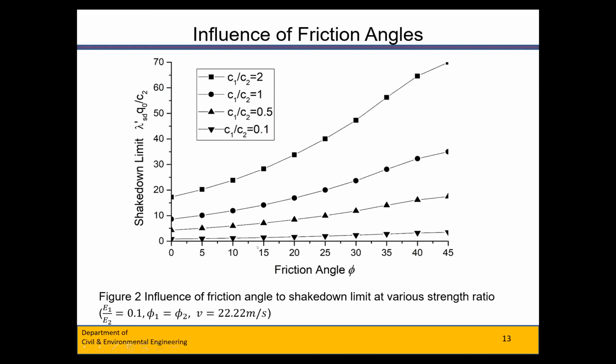In this chart, we can find that the shakedown limit, lambda SD prime, goes up with the increasing of the friction angle. At a given friction angle, for example, let phi equal 20, the shakedown limit grows with the increasing of the cohesion ratio. We can see here, right? Compared across these four lines, we can also find that the slope of each line also increases with the increasing of the cohesion ratio.